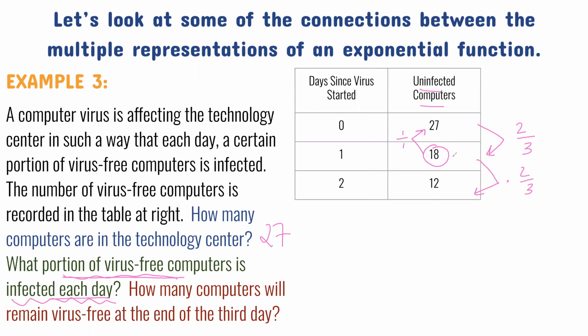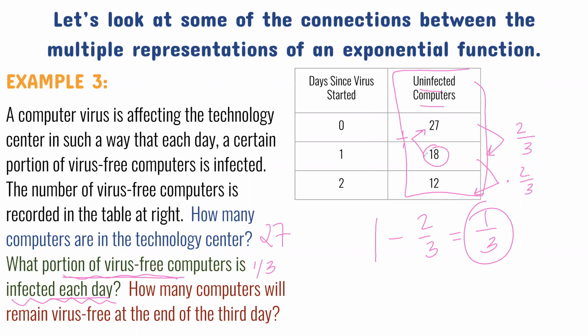How do we figure out how much is actually infected? Well, if 2/3 are being uninfected, 1 minus 2/3 is, you've just got 1/3. So 1/3 of the computers are being infected each day, which can be confusing because this is talking about uninfected. So 2/3 of them are uninfected, which means 1/3 is infected.